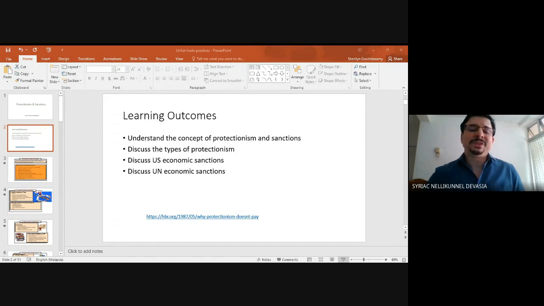Selling goods into a foreign market below the production cost or below fair market value. For example, in China, the production cost of a tire is, let's say, $5 per tire. If you're selling below $5, then we call it dumping.